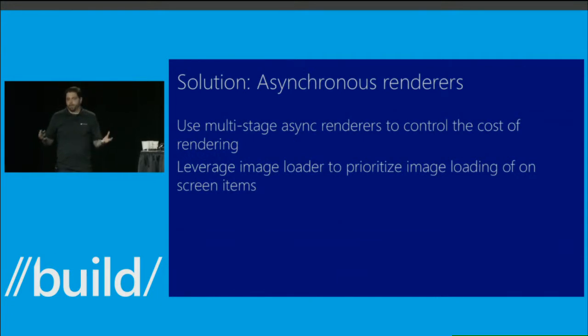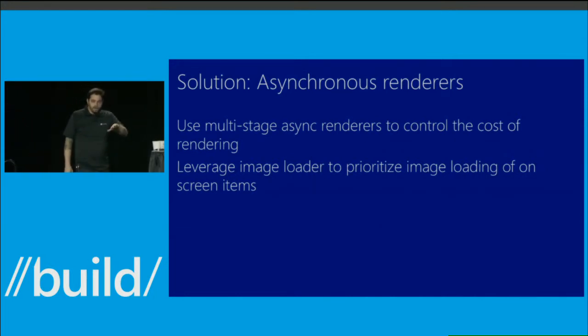And so an example of that could be when I first get called to render, I lay down a placeholder, and then in the next stage I put in cheap rendering work, and so that could be like setting text and fields and things like that. And then after that, you can do expensive work like loading images and animating those images in.